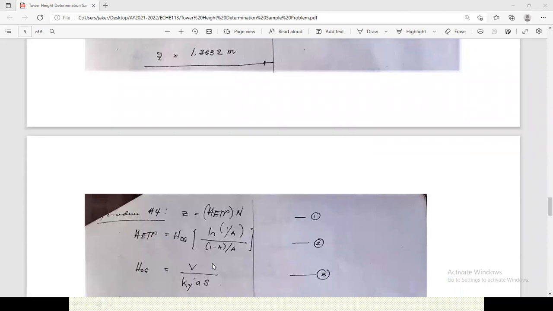So procedure 4, this time uses the HETP. But if you are going to determine HETP based on the HOG value, then you are assuming that the slope of the equilibrium line and the operating lines are straight. In this case, you know that the slope of the equilibrium line is 1.185. So we need to determine the slope of the operating line, which is easy.